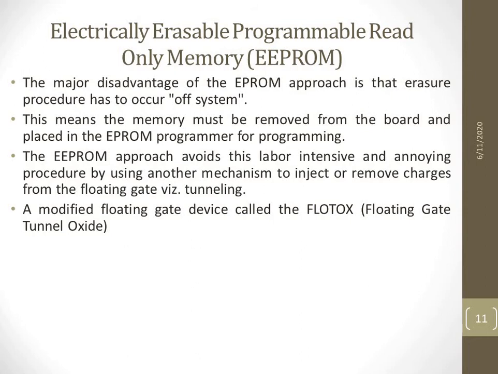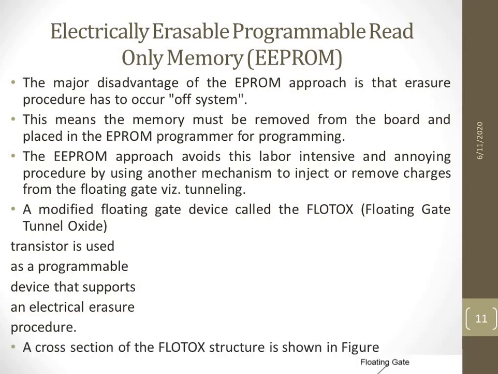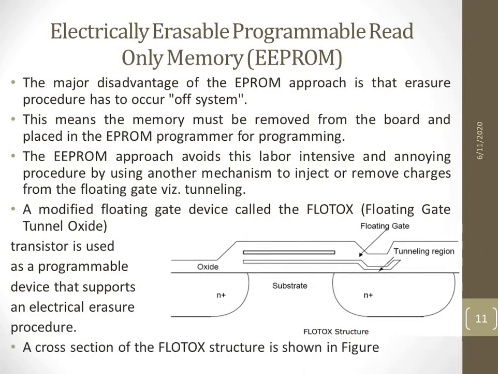A modified floating gate device called the FLOTOX, that is floating gate tunnel oxide transistor, is used as a programmable device that supports an electrical erasure procedure. So this is the cross section of the FLOTOX structure. See the tunneling region, floating gate.